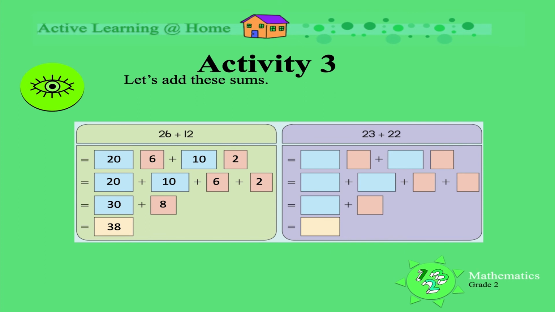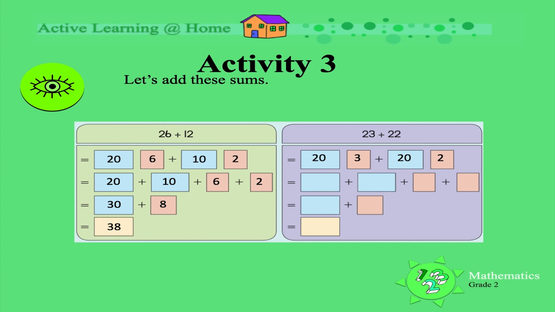Let's have a look at the next one together. You've got 23 plus 22. Step 1 is to break down our numbers. 23 is equal to 20 and 3, and 22 is equal to 20 and 2.